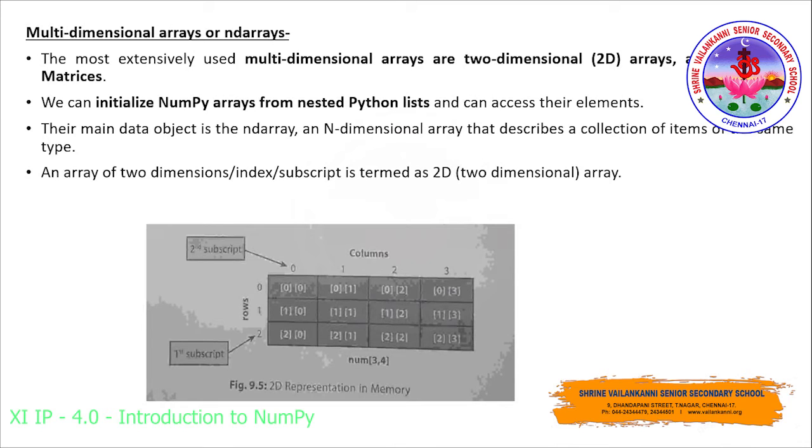And these multi-dimensional or two-dimensional arrays you can also refer to as matrices, whereas a one-dimensional array you will represent as a vector, and a two-dimensional array you will call a matrix. To initialize or work with a two-dimensional array, we will be passing a nested Python list to the array method. Even to work with a one-dimensional NumPy array or a two-dimensional NumPy array, we will be passing the list to the array method.